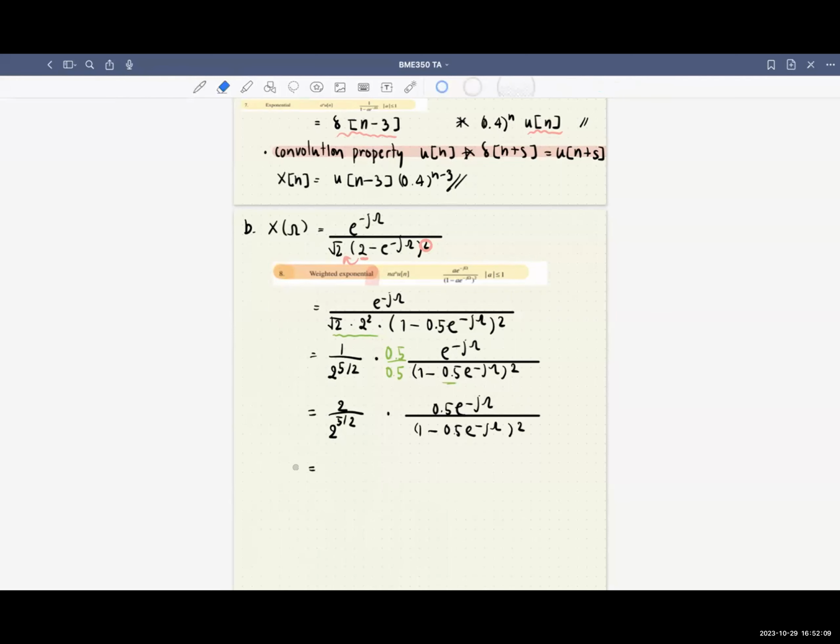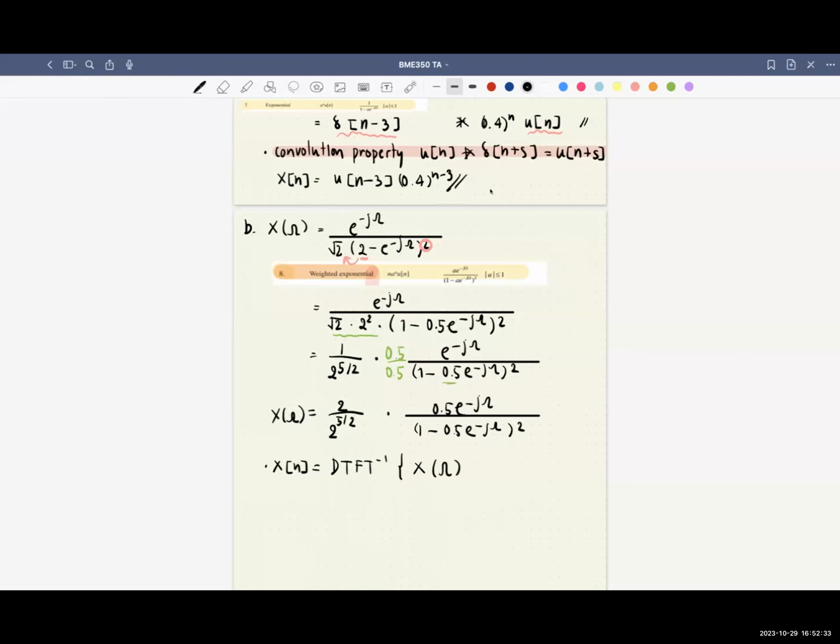Okay. Before we continue, this is still X(omega), but I want x[n], which I can get from the inverse discrete Fourier transform. Omega, what is it?